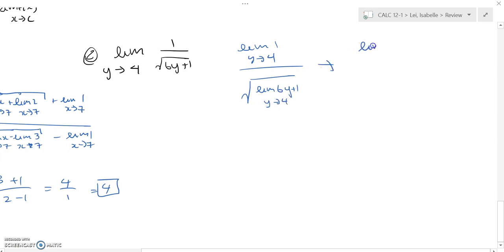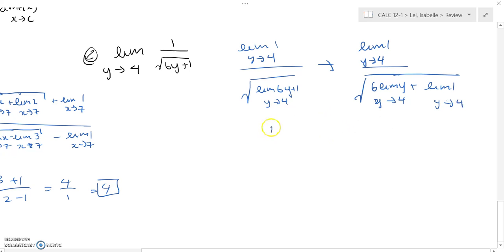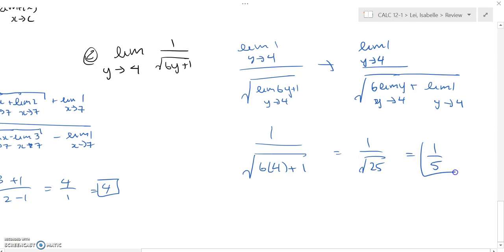That can be further simplified into the limit of 1 as y approaches 4 over the root of 6 times the limit of y plus the limit of 1, as y approaches 4. Plugging in numbers, we get 1 over the square root of 6 times 4 plus 1 equals 1 over the square root of 25. This equals 1 over 5.